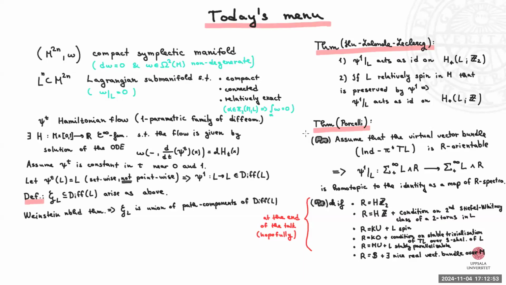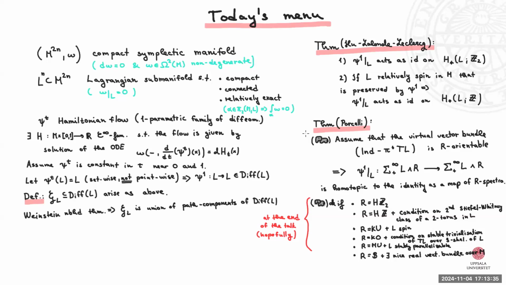So our Lagrangians are going to be compact, connected, and relatively exact. What does it mean? It's super important for this paper. It means that if you have something that lies in the relative pi_2 of your symplectic manifold M with boundary on your Lagrangian, then the symplectic form integrates to 0 on the representatives of those classes. So it's important for us to have some control over symplectic volumes.